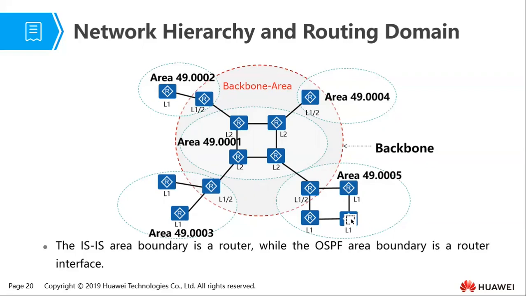So non-backbone areas like area 4, area 5, area 3, area 2 can only communicate with each other through the backbone area. So the backbone area is the transit area between the other areas. Now, in the non-backbone areas, that is where the level 1 routers reside.